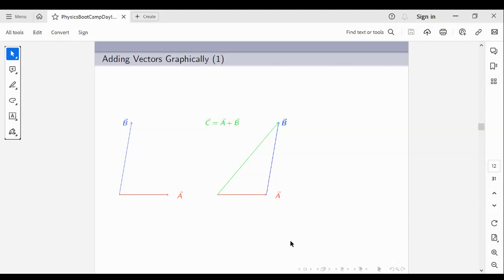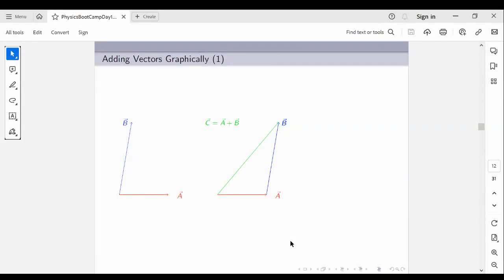And then what you want to do is move the tail of one vector to the head of another vector. In this case, we're moving the tail of B to the head of A. And then we're drawing an arrow with a tail starting at the tail of A and ending at the head of B after we've moved B.